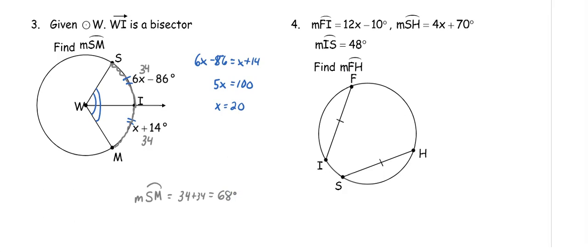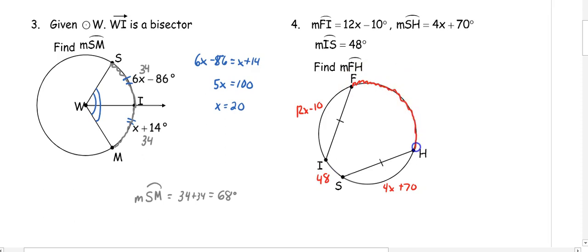Number four, we know that arc FI is 12x minus 10, SH is 4x plus 70, and IS is 48. At the end of this, we want to find what the arc FH is. In order to do that, the first thing we want to do is find x. So we would have 12x minus 10 is equal to 4x plus 70. So we get 8x equals 80. x is 10.